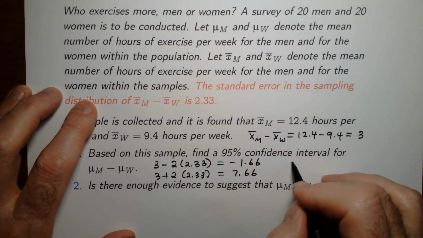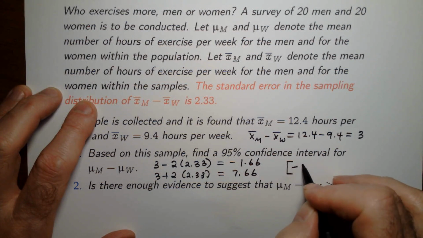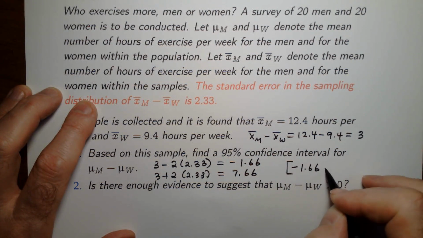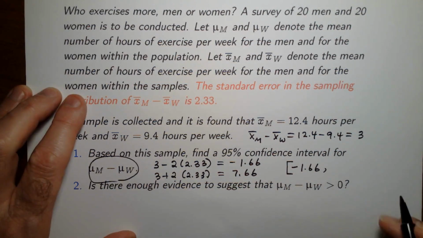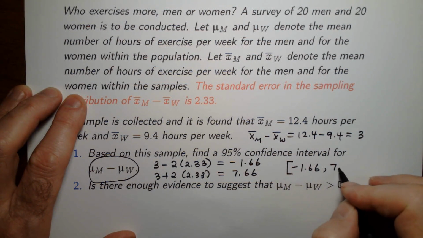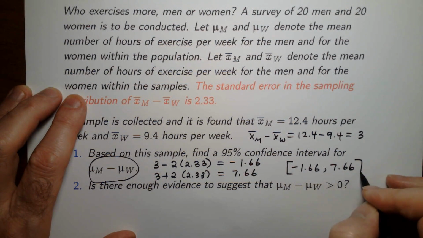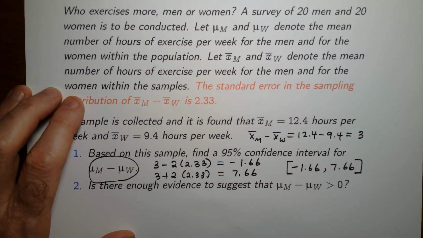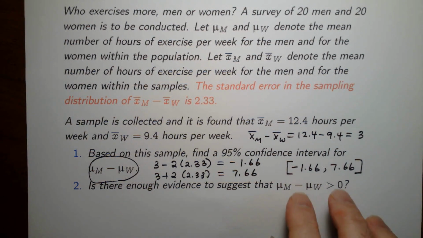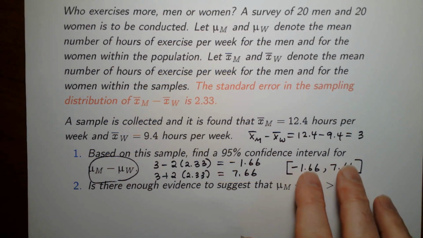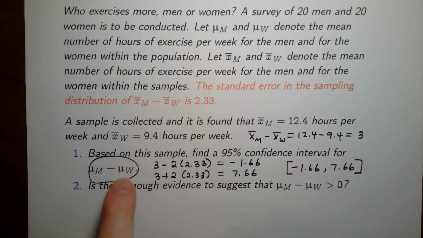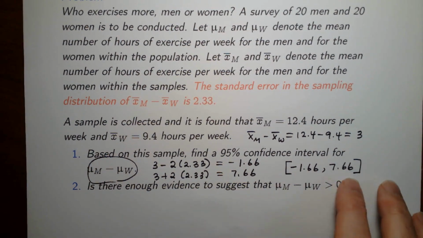So we're 95% confident that the true value of that difference is somewhere between, it's a fairly big gap here, negative 1.66 and 7.66. Okay? All right. So that helps us locate the parameter. We have pretty high confidence that the true value of this difference is inside this interval.